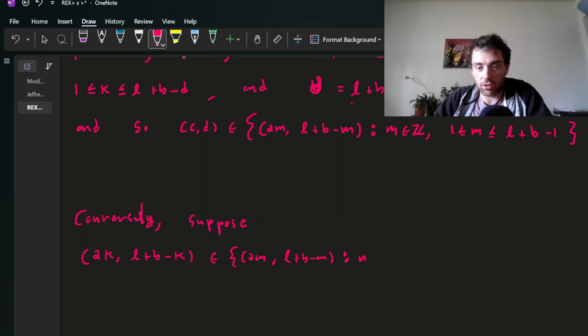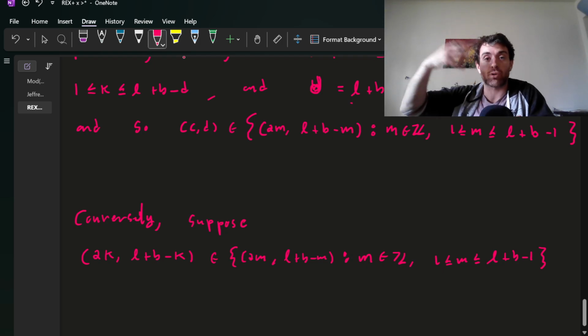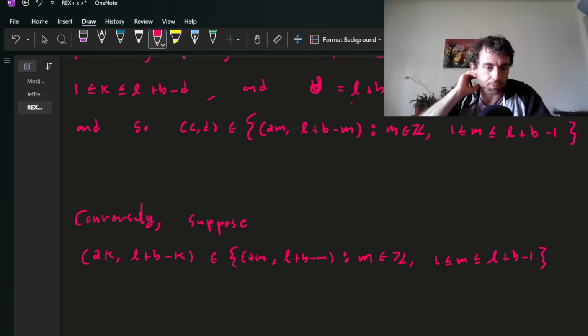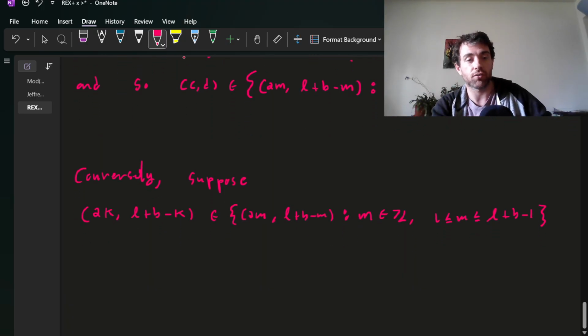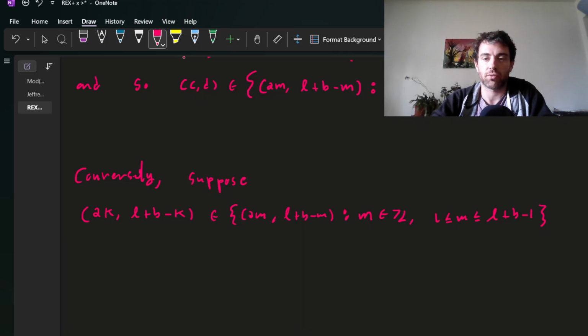Now note again, it's not a huge deal necessarily, but I am being extra cautious with my choice of variable names, because on the right side in the set, m is acting as some sort of arbitrary dummy variable, whereas on the left side, I'm looking at all of these pairs and choosing some particular k. So I'm differentiating between m as an arbitrary variable, and k as some particular choice, right?